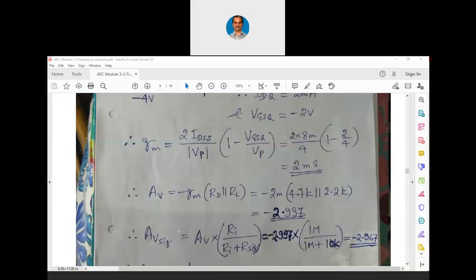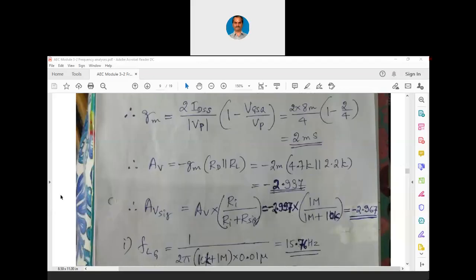It is slightly reduced because here the input resistance is much larger, it is 1 mega ohms. So considering the signal source's resistance, the voltage gain will not be affected heavily. That is the outcome of FET's analysis. Otherwise also in case of FET, voltage gain is not really large also.